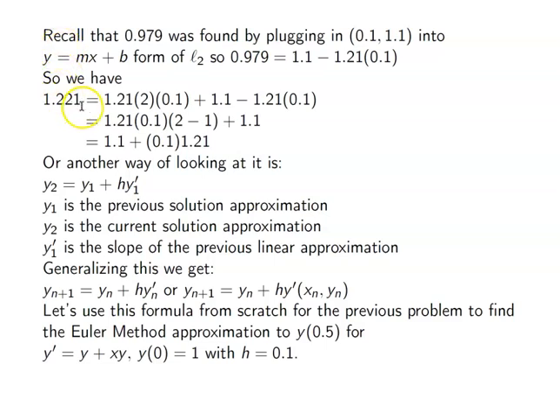Even though we've gone 2 steps already, we're going to start from scratch just using this recursive formula instead of continuing to find the tangent lines. So my h value is 0.1, just like before. I'm starting at the same initial condition, and I have to do this 5 times because it wants me to stop at the approximation for 0.5.